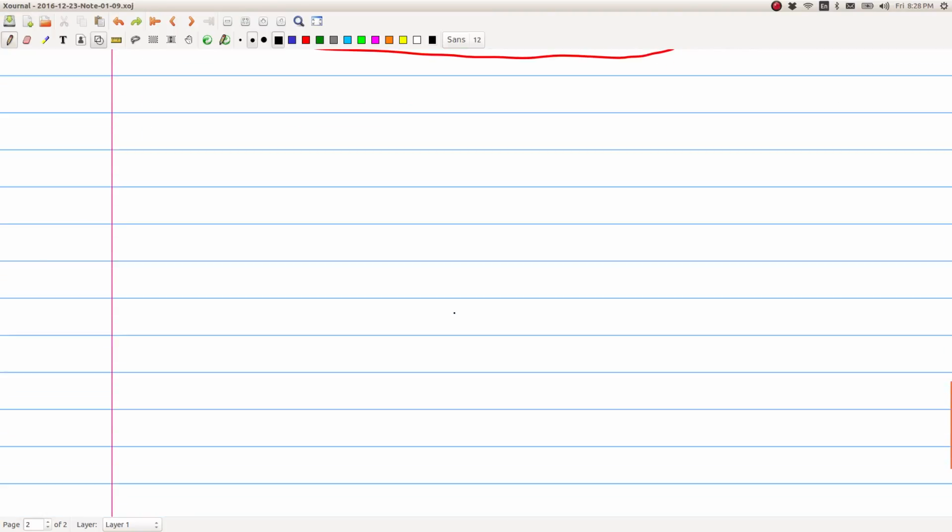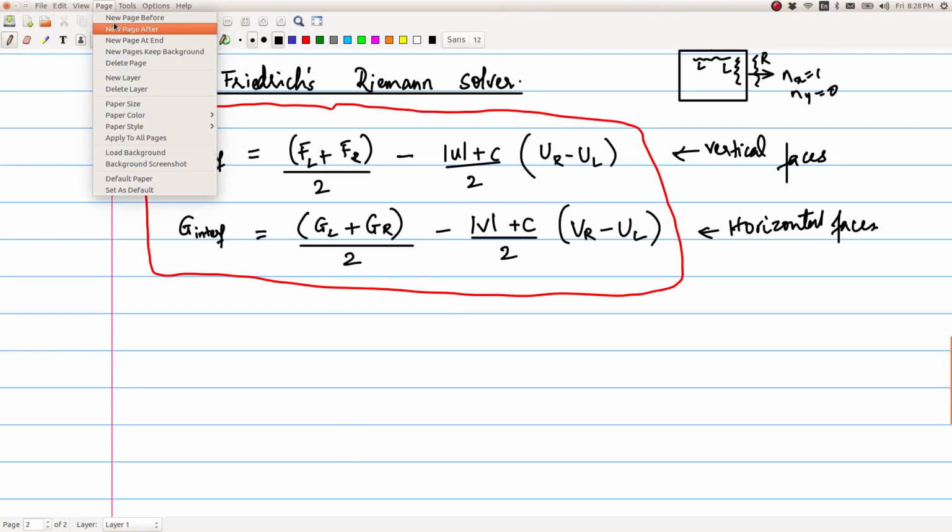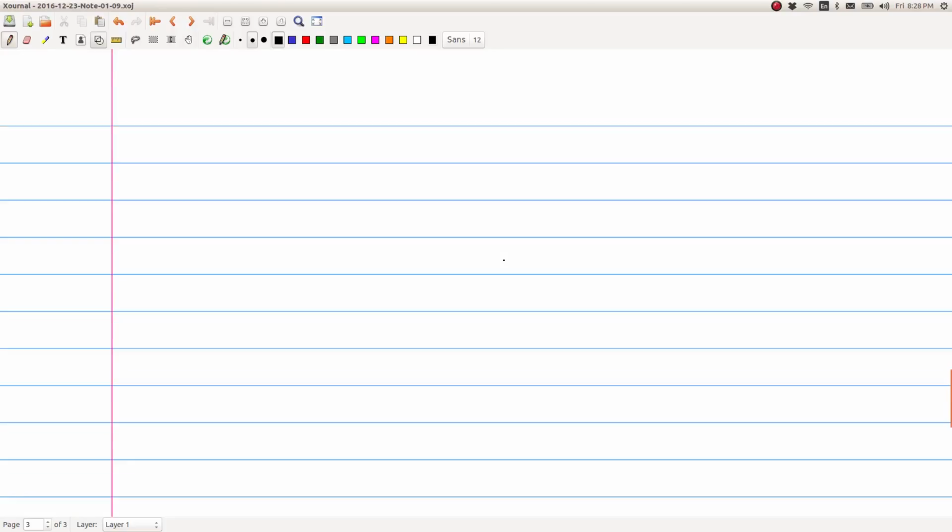So I think I'll insert one more page to explain the boundary conditions. There are at least two ways that I know of to apply boundary conditions. One is to directly calculate the flux for the boundaries.